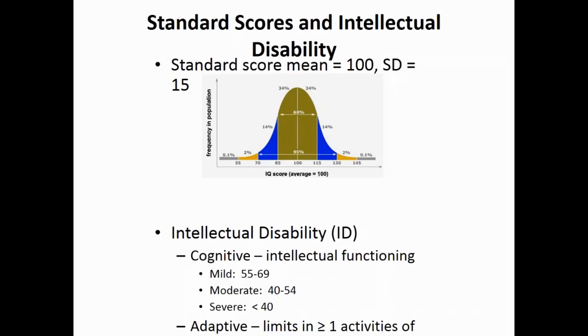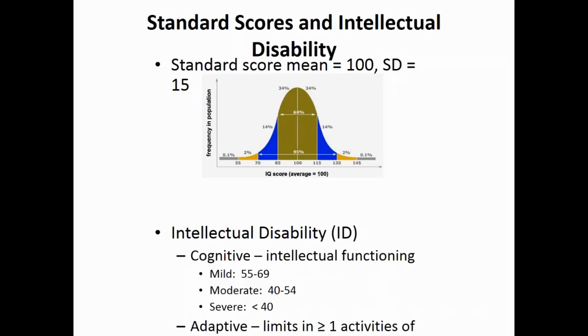Between 1 and 2 standard deviations on either end describes 28% more of the population, such that 2 standard deviations, between standard scores of 70 and 130, describes 95% of the population. Individuals with intellectual disability are characterized by limitations in intellectual functioning and adaptive behavior.